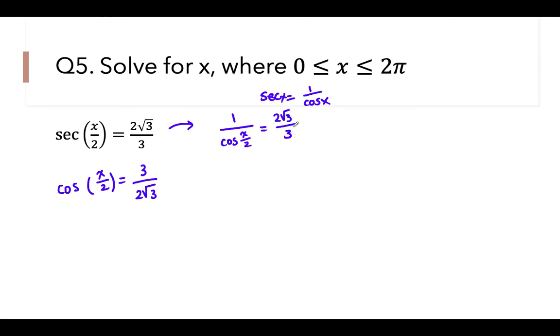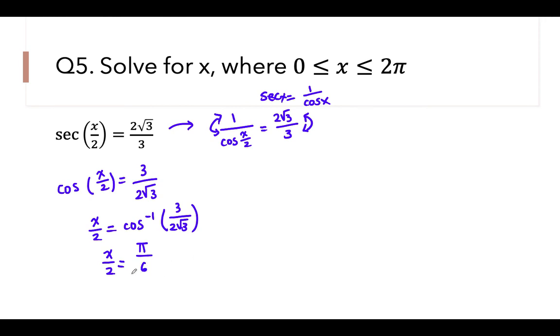But instead, what you could do is flip these two. If I flip these two, you also have to do it on the left side and the right side, so that's why you will get cosine x over 2 equals 2 over square root 3... I mean, the flipped fraction. Then I'm going to do an inverse. So x over 2 is equal to cosine inverse, and you're going to get 30 degrees, or pi over 6.